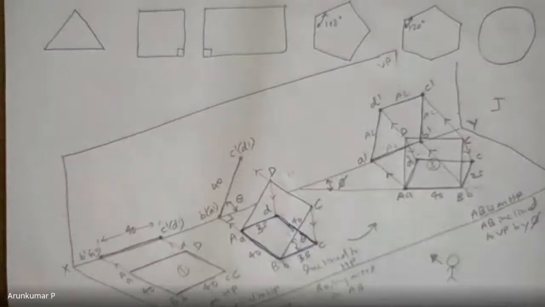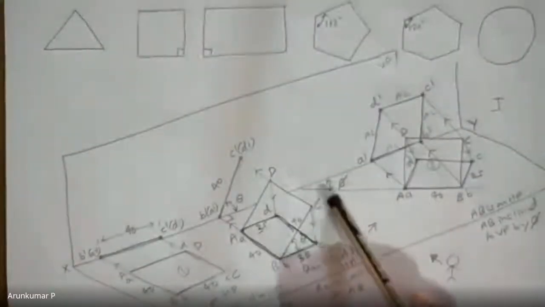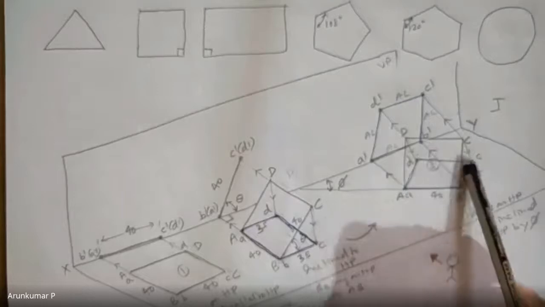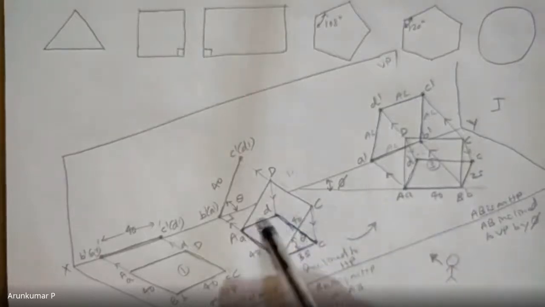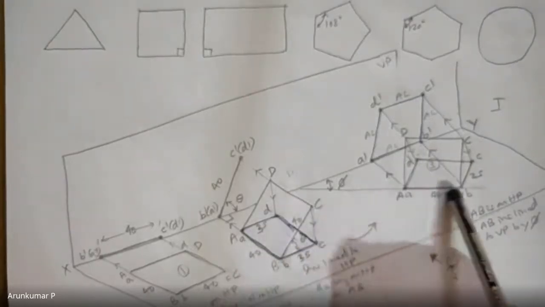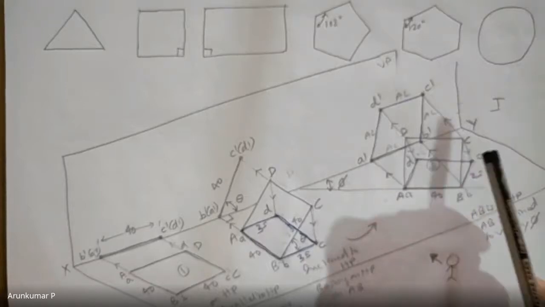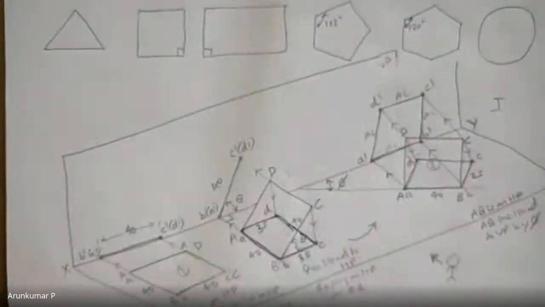Please try to correlate with what you have done in 3D. Here, phi 45 degree. What is at 45 degree? The second step top view. The same rectangle is at 45 degrees in the top view. So this is what I am trying to draw.